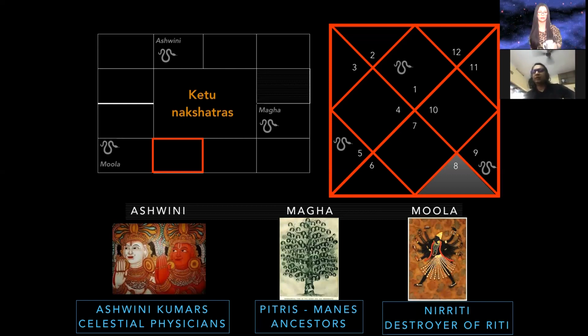So many times in my readings, whenever I've seen any planet here in Magha Nakshatra, it literally translates to you have some karma being worked out from your past life with this particular planet. One way or the other, there is a past life kind of deed that you are trying to clear.